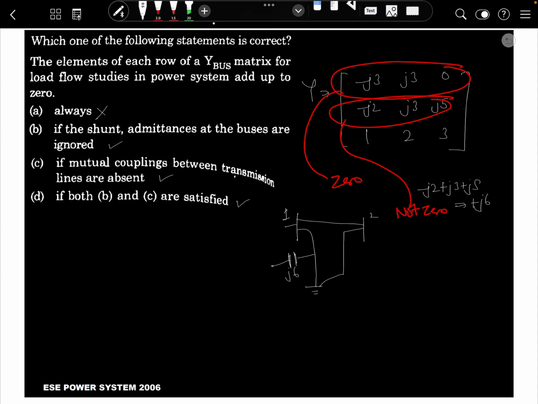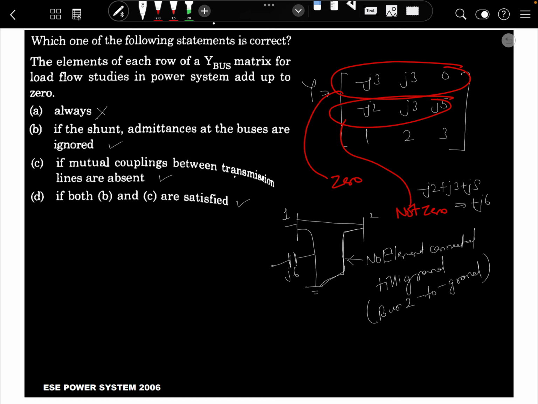While if bus 2 is directly connected to 0, there are no elements connected from bus 2 to ground, no element.